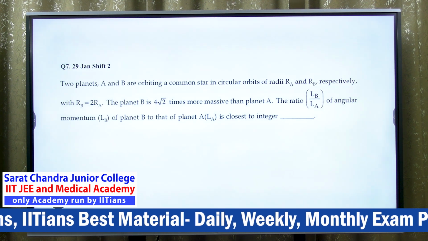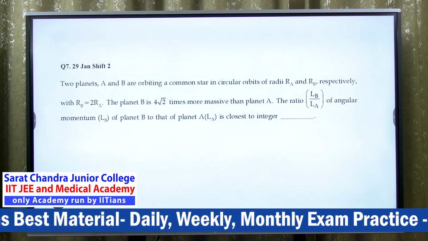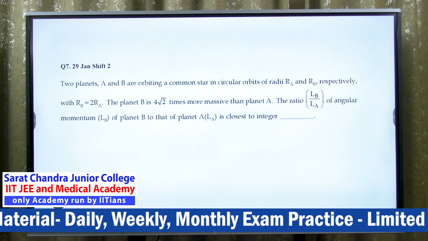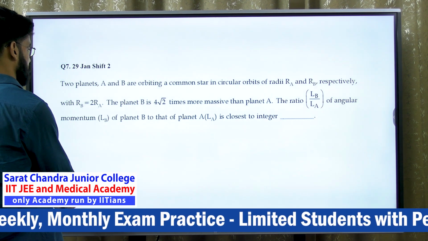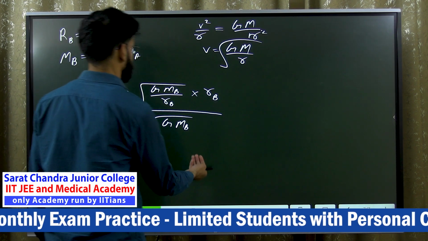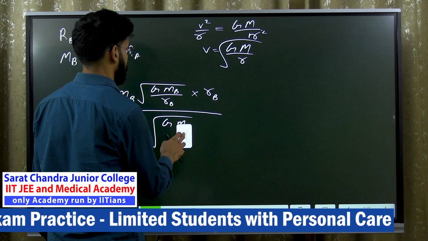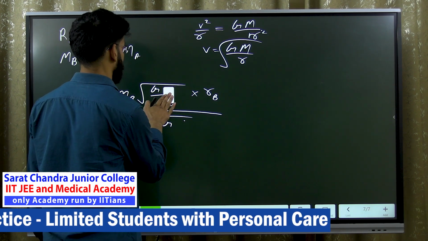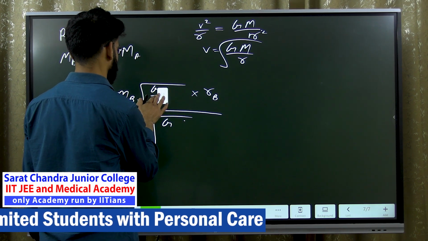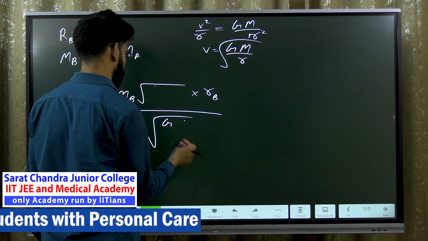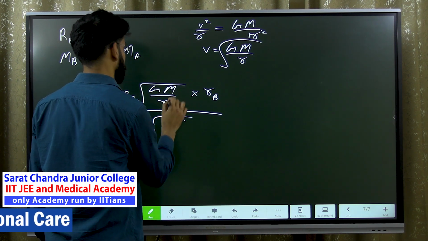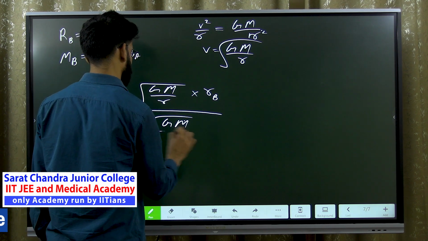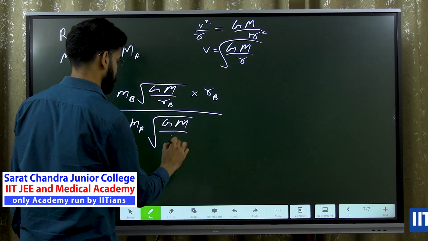For satellites he is writing, right, two planets A and B orbiting a common star of radius RA and RB. Common star means this is not small m, see here, this is capital M, the mass of the star, so the mass of the star is the same. So G capital M, this will be, this is RB, this is RA.